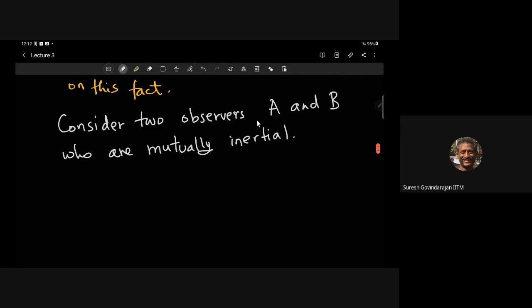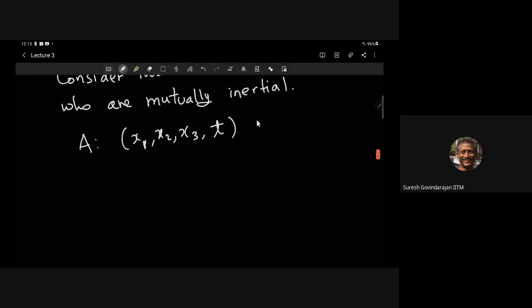Let's say that they choose coordinates. A has coordinates x1, x2, x3, and time. We'll put time also there, the clock. B has x1 prime, x2 prime, x3 prime, and t prime.